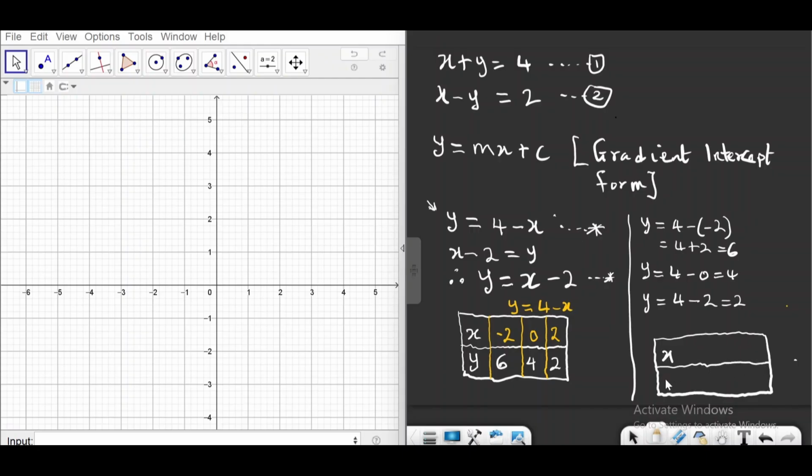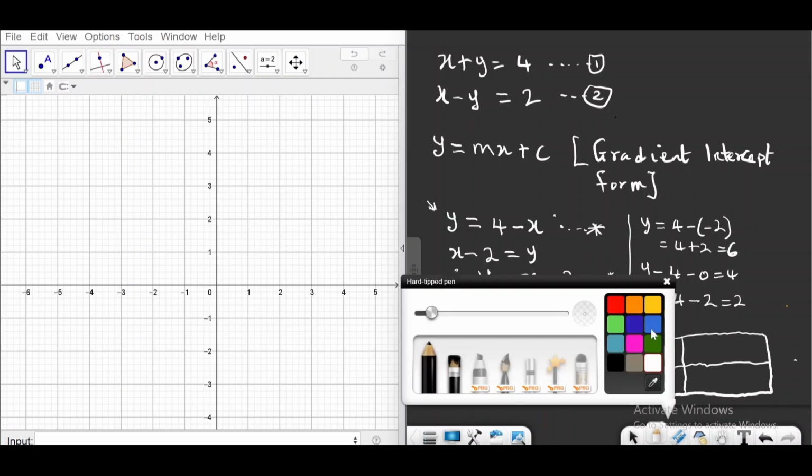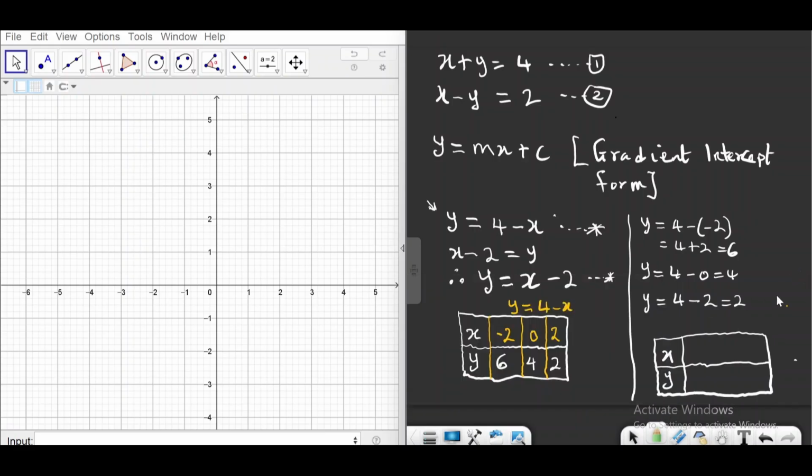Alright, so I still have x, y, and I can use the same interval from -2 to 2. And so I'm drawing for the second equation, y equals x minus 2.